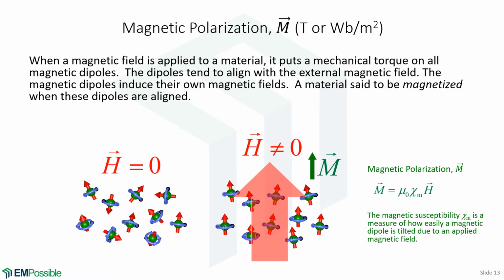That's a measure of how easy it is to align these magnetic dipoles when we apply a magnetic field to it. So the larger this magnetic susceptibility, the more easily these dipoles will be aligned, and we'd expect more interaction between the material and the magnetic field.